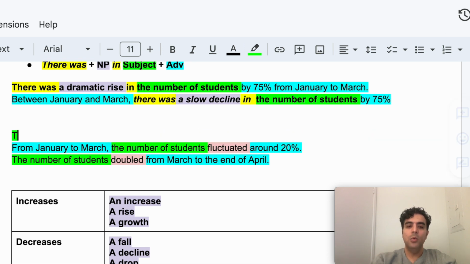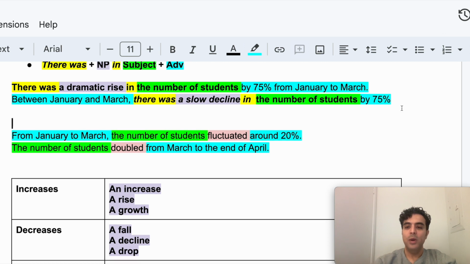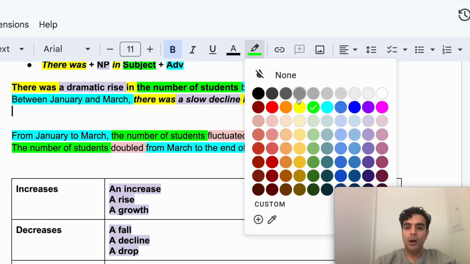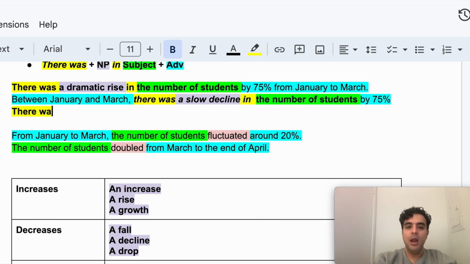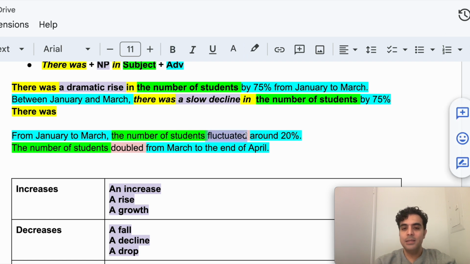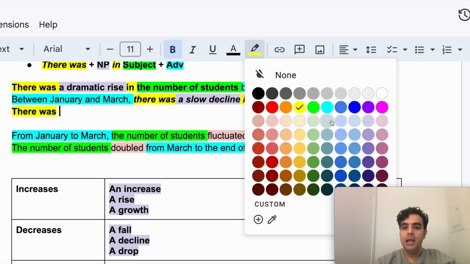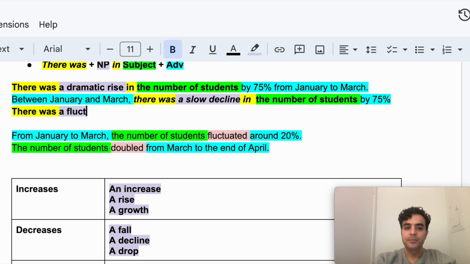What about the one that focuses on fluctuation? I'm gonna make some more changes. So one more time. Gonna start with the yellow part. Fixed expression. There was. But then this one, it's describing a fluctuation. So what am I gonna say? I'm gonna say there was a fluctuation.